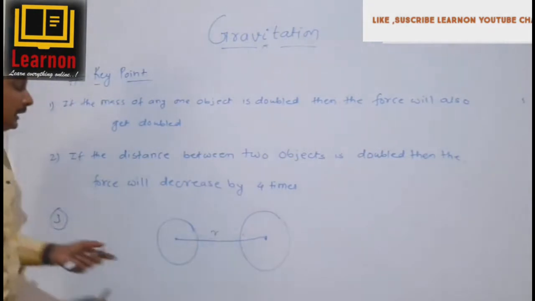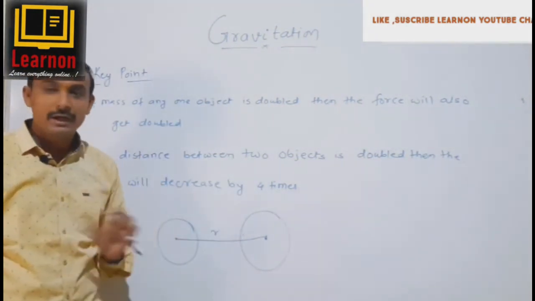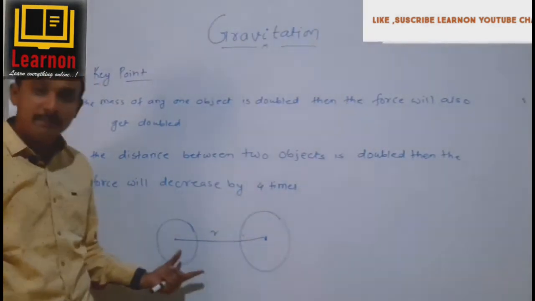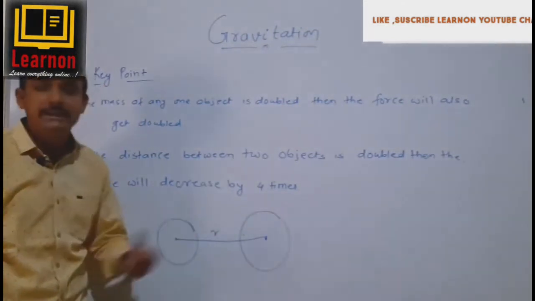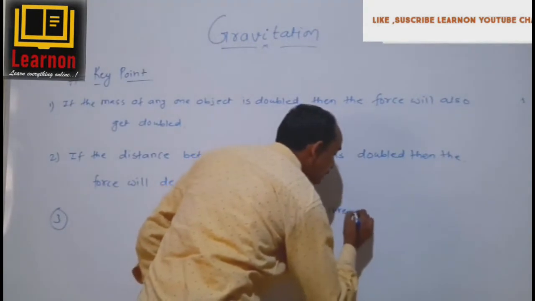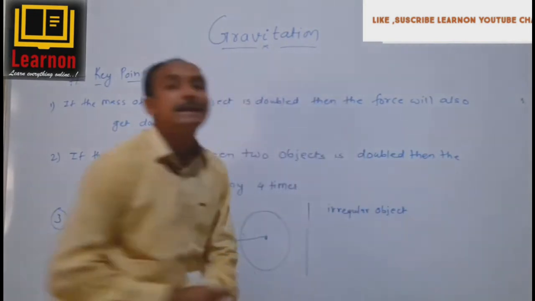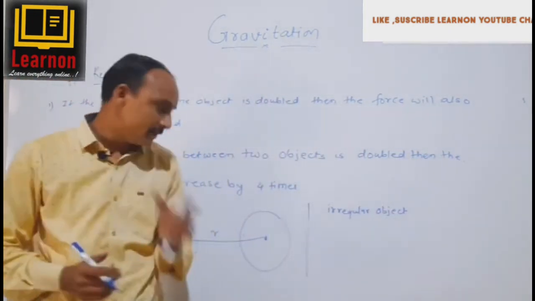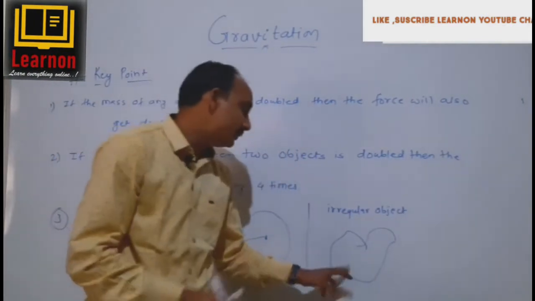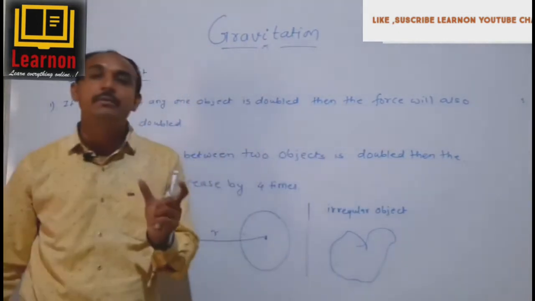Now, instead of regular shapes like a sphere or a square, if irregular objects are present, how will you take the center? Because they don't have any center point. Suppose the object is in this way. You cannot say that its center is somewhere here or somewhere here. Now how will you take the distance between the two objects?